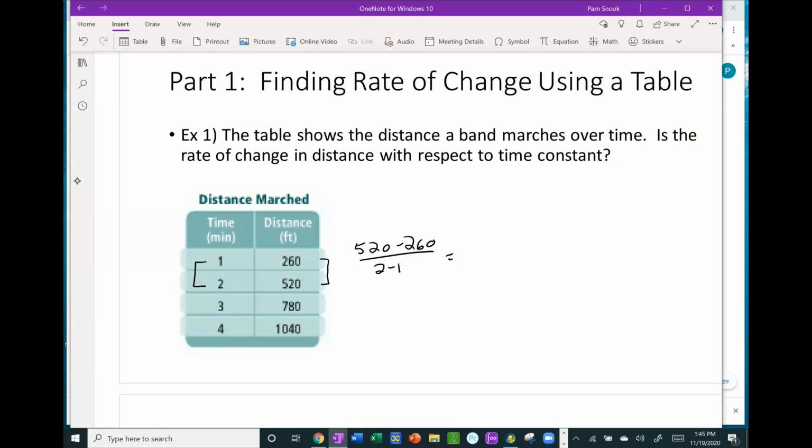And so if you grab your calculators, you can actually punch this in, and what you get is 260 feet over 1 minute. So then the rate of change for that first minute is 260 feet per minute. Now let's see if the rate of change is the same from the second to the third minute.